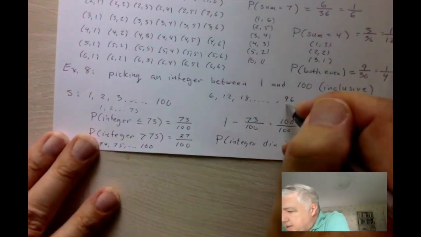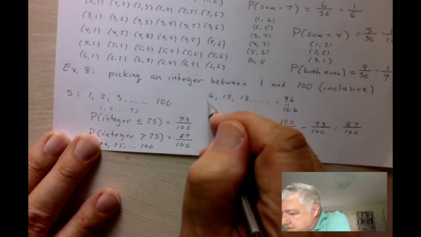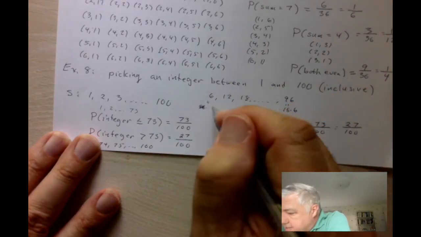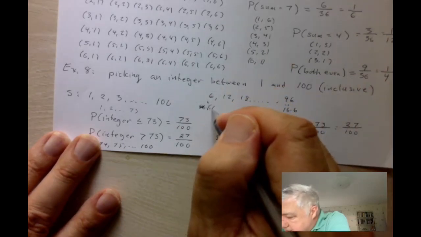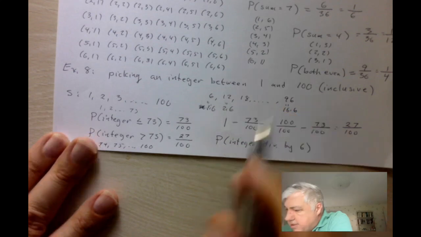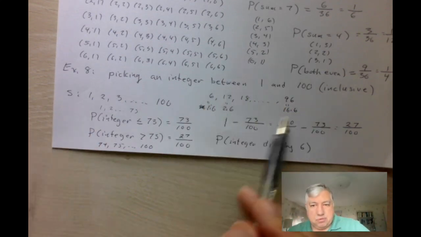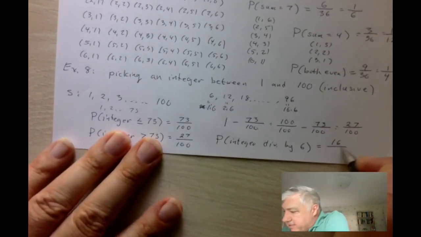It turns out this is 16 times 6. This is 1 times 6, this is 2 times 6, so we have these multiples all the way up to 16 times 6. So there are 16 multiples here. So the probability would be 16 over 100.